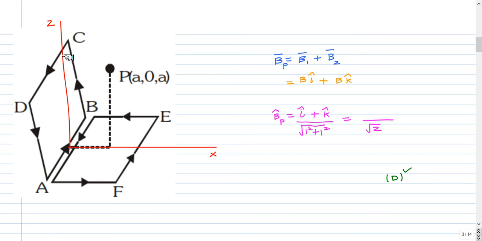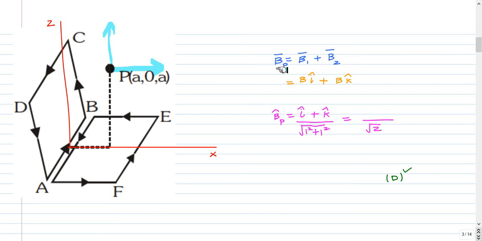So the magnetic field due to this loop ABCD is in the x direction, i cap direction, that can be found by using the right hand thumb rule, and the magnetic field due to this loop EFEB is in the positive z direction, that is in the k cap direction, and they are of equal magnitude because both the loops are the same.